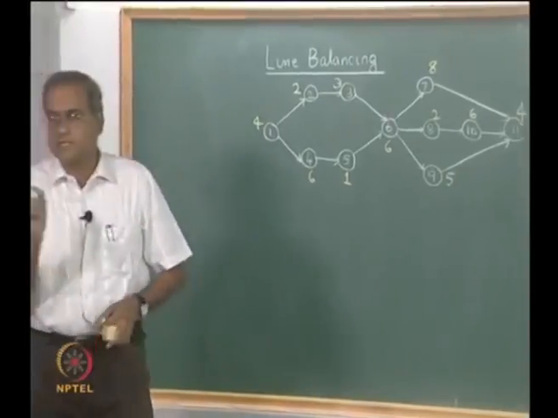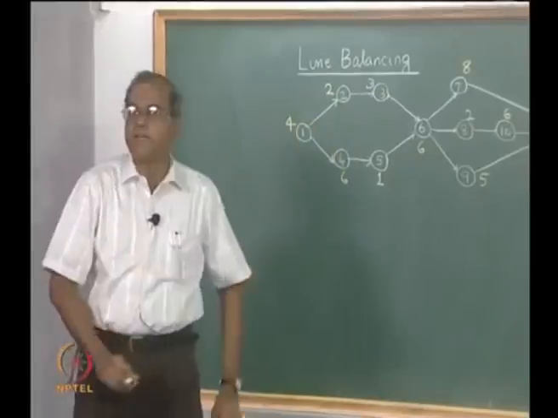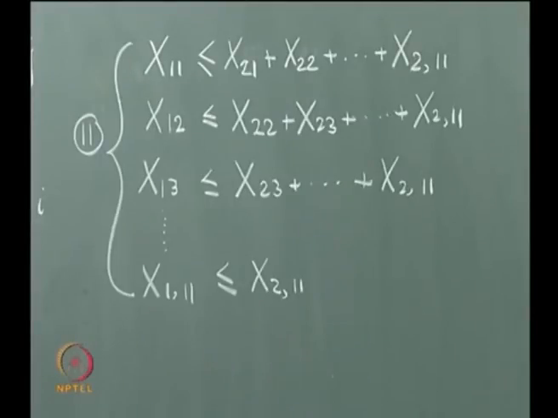Each precedence relationship is between a pair of activities, and we have 11 constraints for each of them, giving us 13 into 11, 143 constraints to handle this. We have just shown the 11 constraints for one particular precedence relationship.